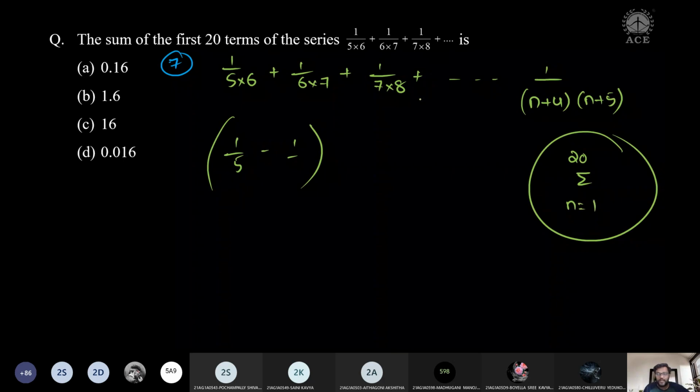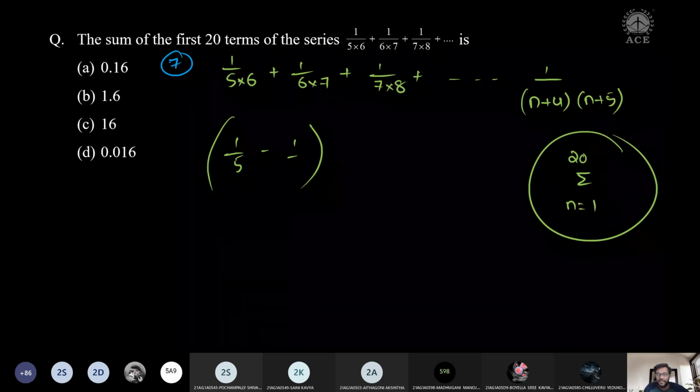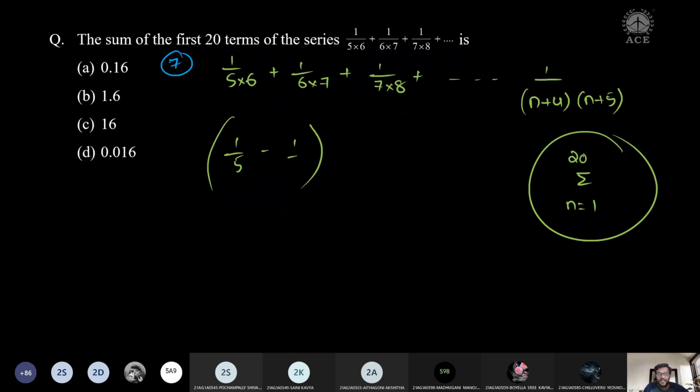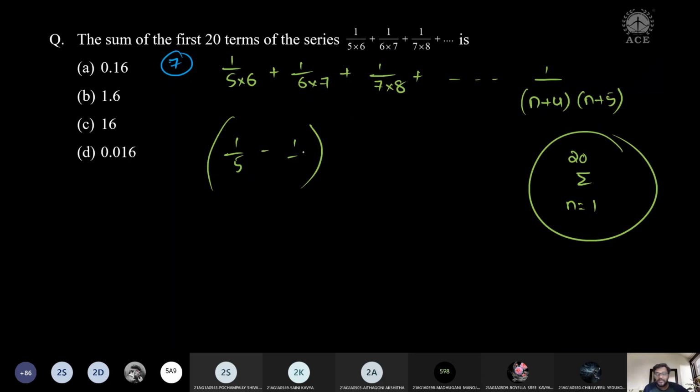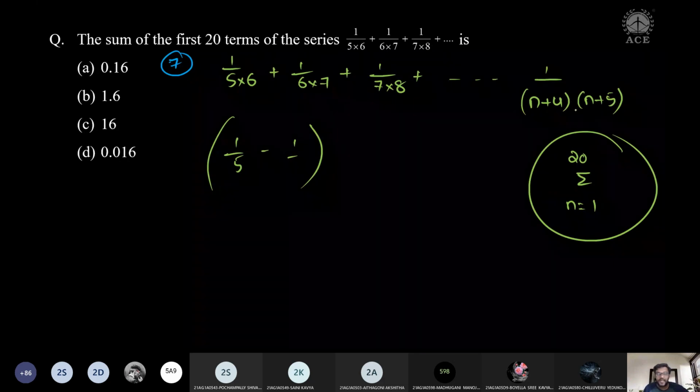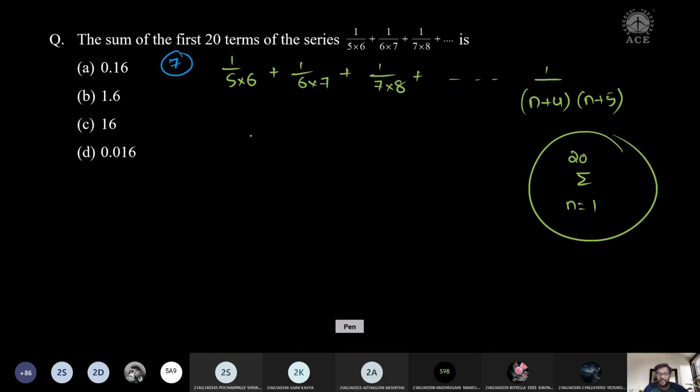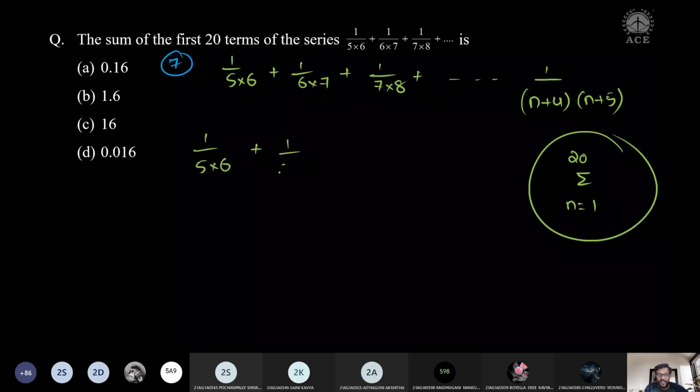Here if n value is 1, 1 plus 4 is 5, 1 plus 5 is 6. Second term, n value 2, 6 and 7 will come. Now 20 terms means what should be the last term? It is in the format of n plus 4 into n plus 5. So what should be the last term? If n value is 20, it's 24 into 25.